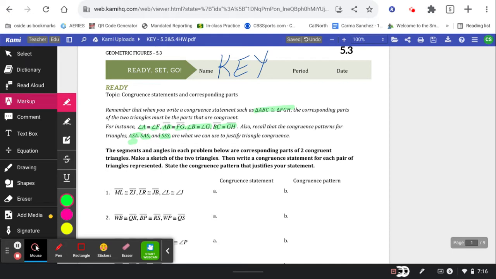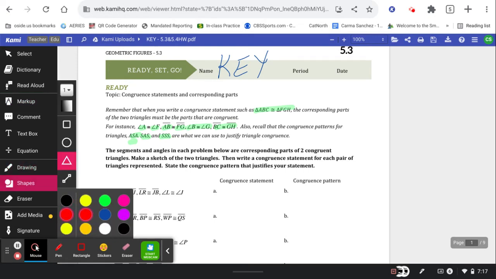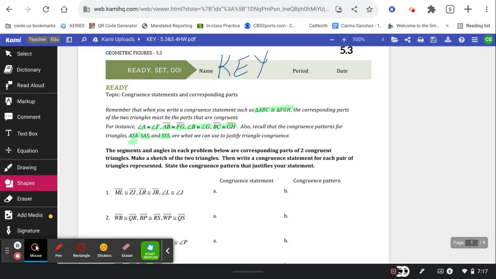And the segments and angles in each problem below are corresponding parts of the two congruent triangles. So we're going to make a sketch of the two triangles and then write a congruent statement. So real quick, you need to make a little tiny triangle for each of these.